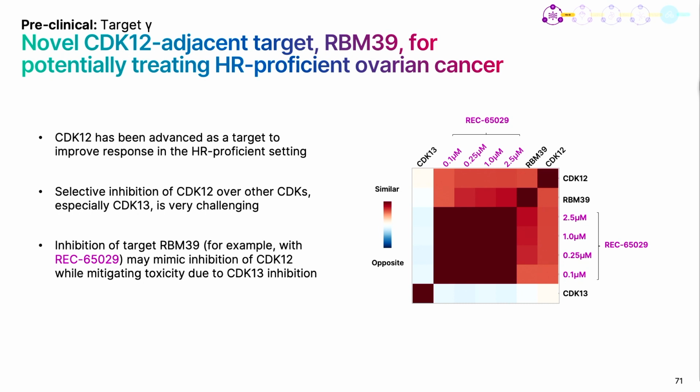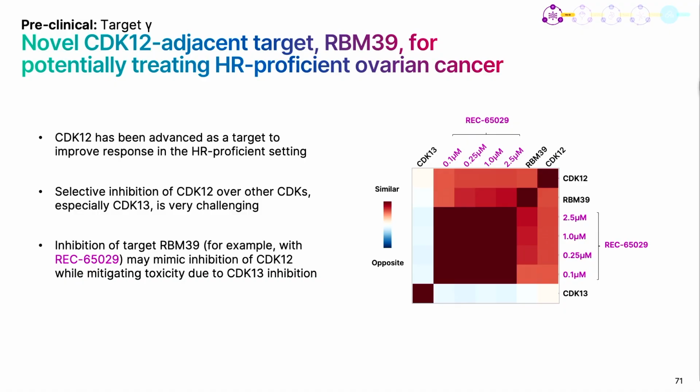In this program, I'm not actually going to show you how we do it in the interest of time, but I will tell you that unlike target alpha, where we set up biochemical and reporter assays, we actually drove SAR, or chemical optimization, for this program 100% using our phenomics maps. That was the only tool or platform that we used in this process, which I think is really amazing and impressive.